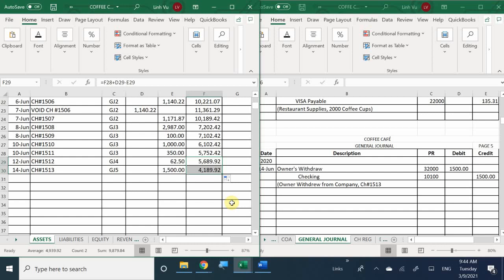Now, question to you: do we need to update our subsidiary ledger?